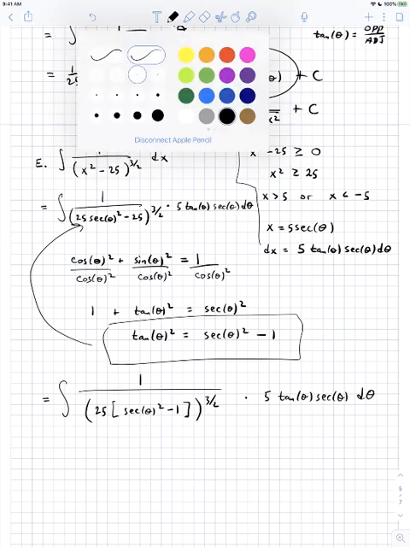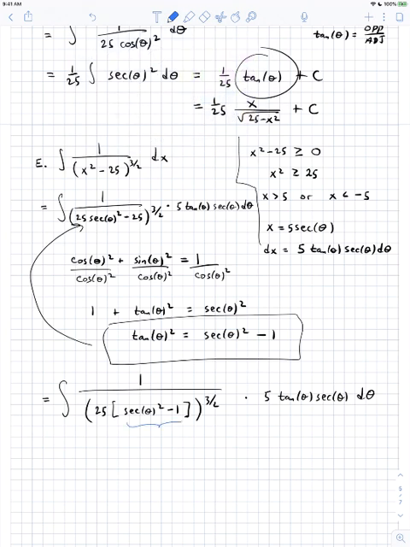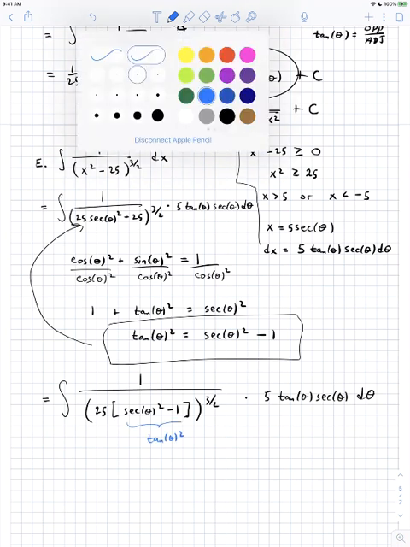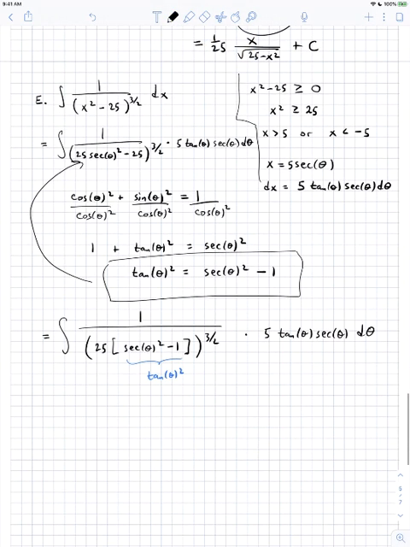But this term, this secant squared minus 1, that's tangent theta squared. So what do we have? We have the integral of 1 over 25 tangent theta squared, all that to the 3/2 power, times 5 tangent theta secant theta d theta.